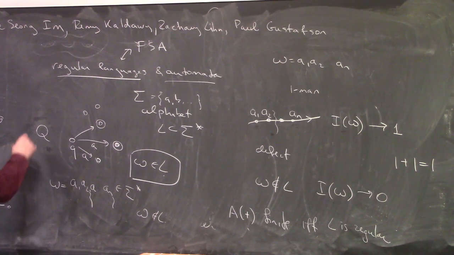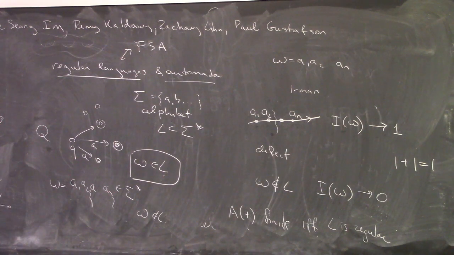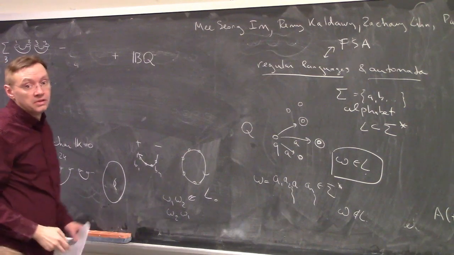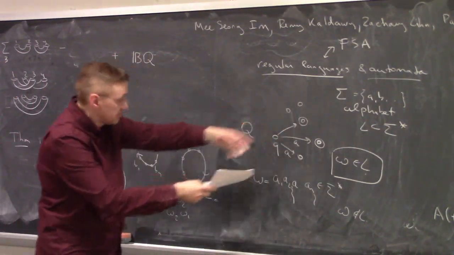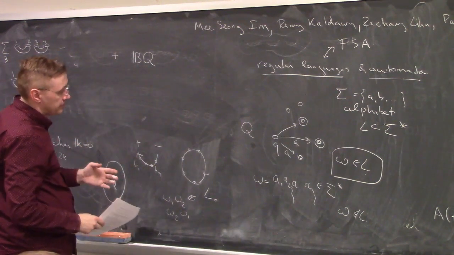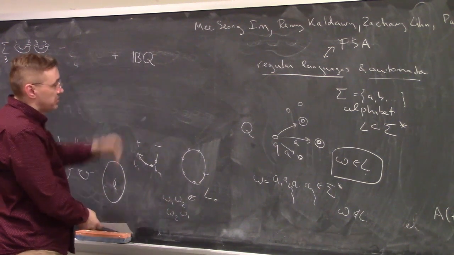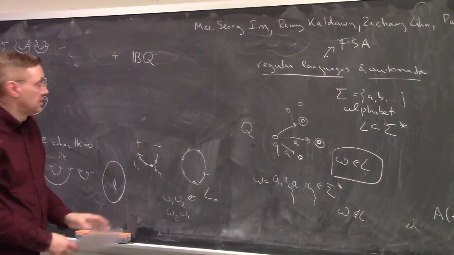And in this TQFT, the state space of the point plus is just all Boolean combinations of the states of the automaton. So an automaton has states Q, many states, and transition functions. It's very simple. To point plus, we assign the Boolean combinations of states of the automaton. That means subsets of states of the automaton.